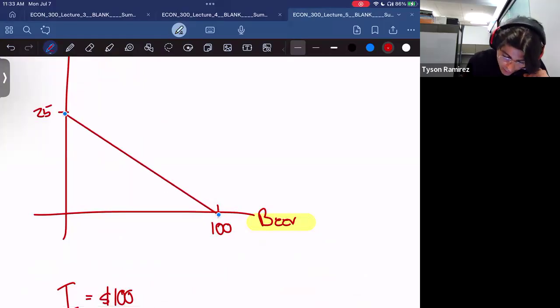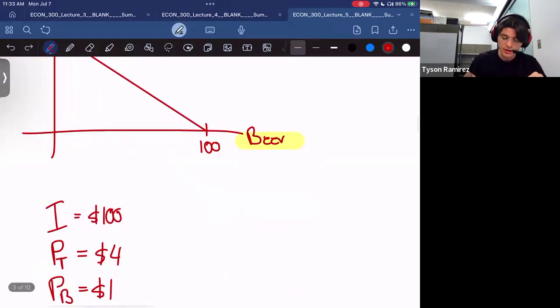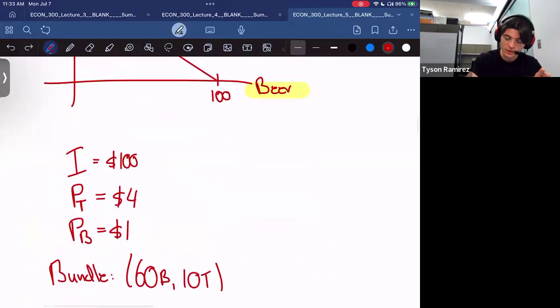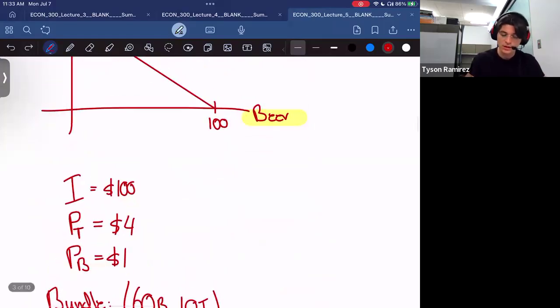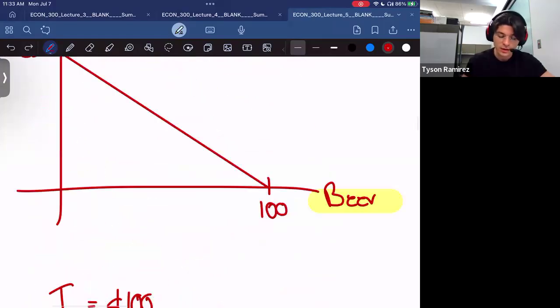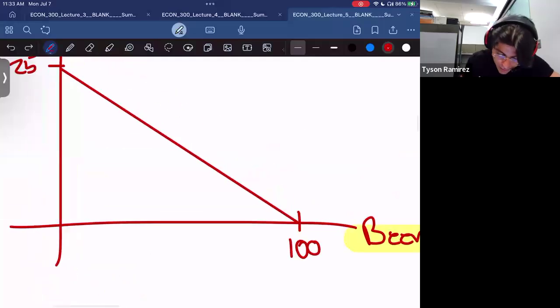You could purchase all tacos, all beer, or some combination of the two. And we see that the combination of the two that James purchased in 2020 was 60, comma 10. So we had something like this, 60, comma 10.